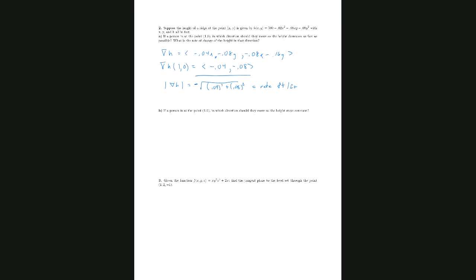And the direction is over this thing. And then since we're going in the negative direction, it actually comes out nice.